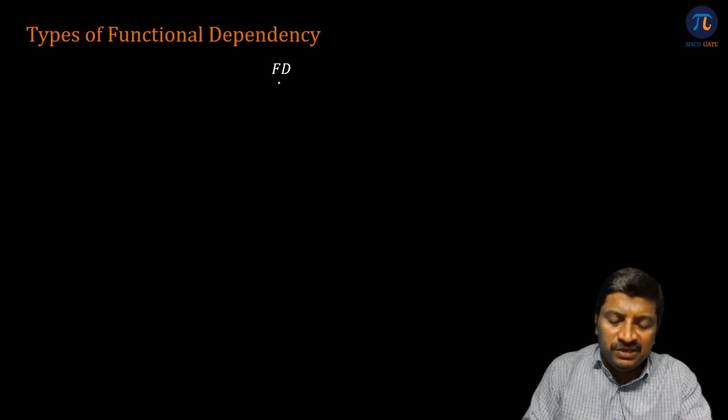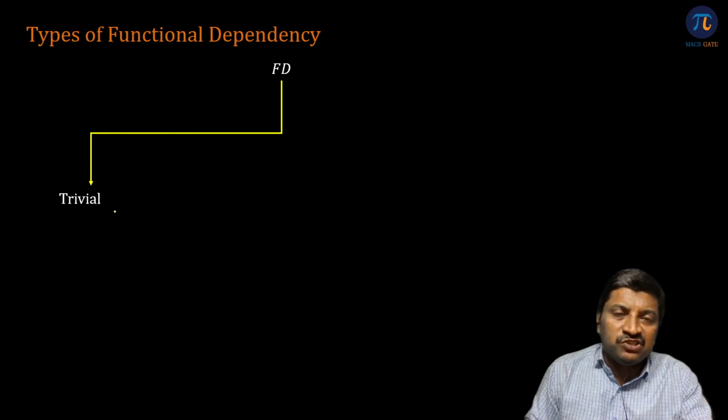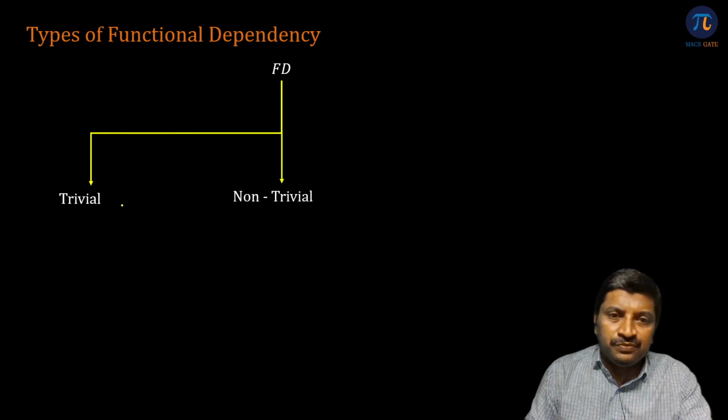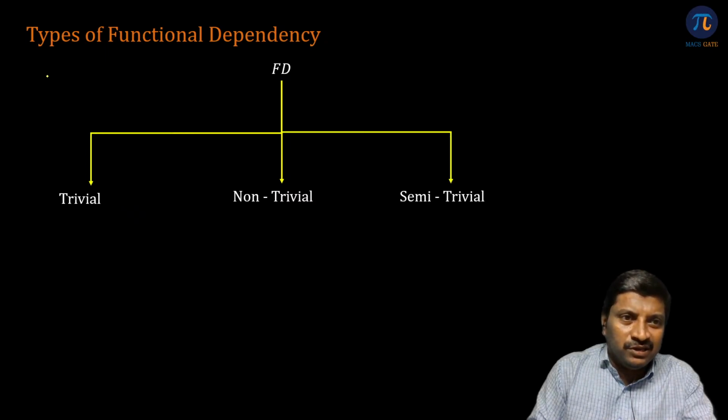In functional dependencies, these are mainly classified into three types. The first one is trivial. The second one is non-trivial. The third one is semi-trivial. Let me give one real-time example.